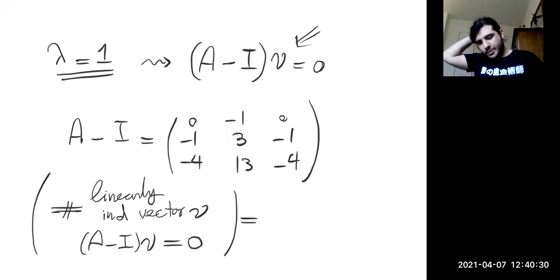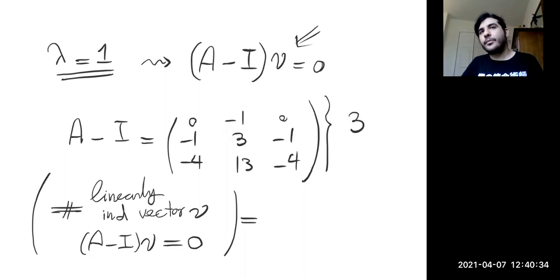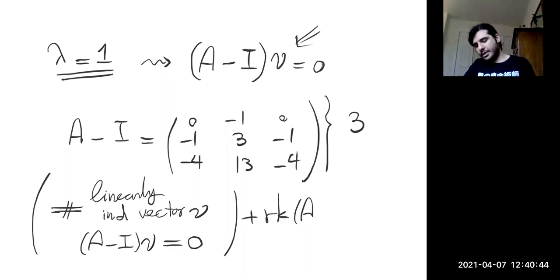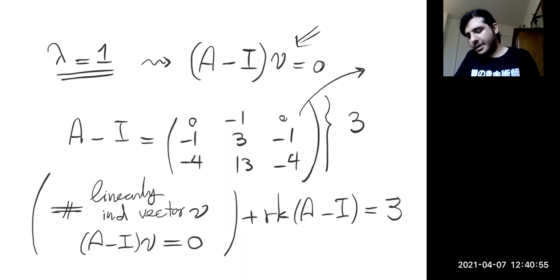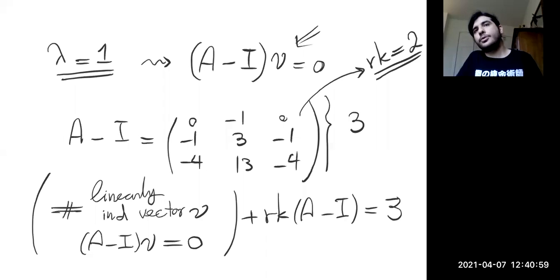Yes, that is true. So here the matrix is 3 by 3. This number, whatever it is, it's the nullity of this matrix. So this number plus the rank of this matrix, A minus I, should be equal to 3. This is the rank-nullity theorem. Now, I should compute the rank of this matrix. So I guess you know how to do it. Here I would just say it. The rank of this matrix is 2.